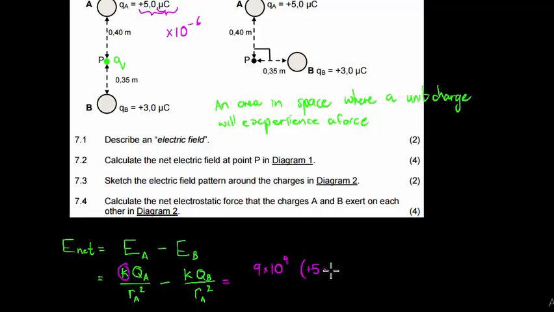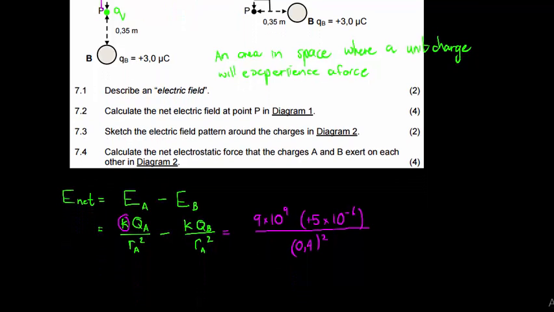So we must still times 10 to the power of negative 6. It's positive, so we keep it positive, and we divide by RA squared. The distance must be in meters, and we are already given meters: 0.4 squared.